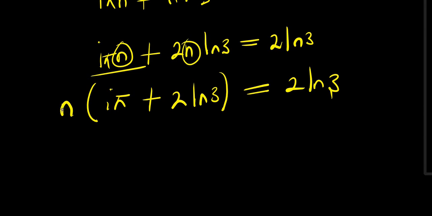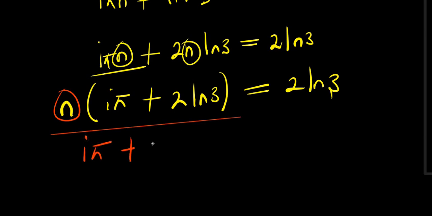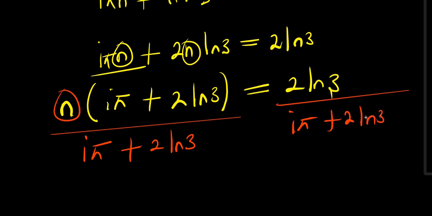I need to isolate n by dividing this by i times pi plus 2 times natural log of 3. And divide this by i times pi plus 2 times natural log of 3. This cancels this.